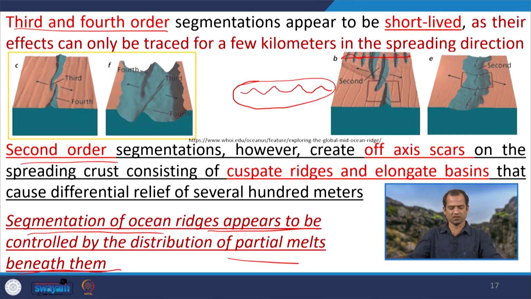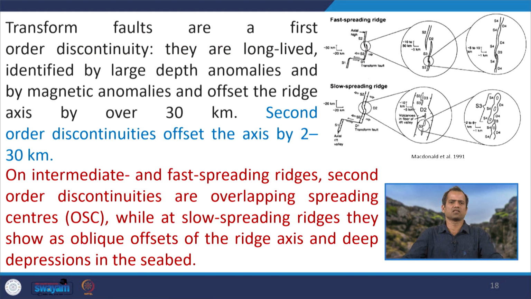Now, transform faults are the first order discontinuity and they are long lived, identified by large depth anomalies and by magnetic anomalies, and they offset the ridge axis by over 30 kilometers. Second order discontinuities offset around 2 to 30 kilometers.